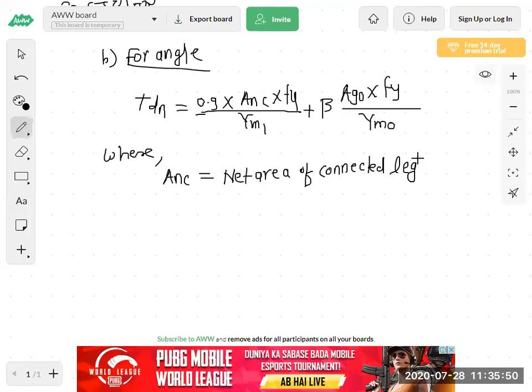Okay. Now, how to calculate the net area of connected leg? See, this is the plate, and to the plate the angle is connected. And on this angle, we have done the bolting. So if we draw this in plan, this is the angle connected to the plate.